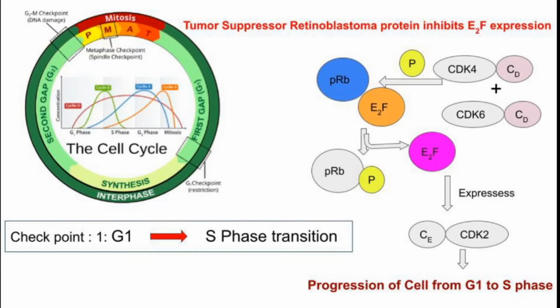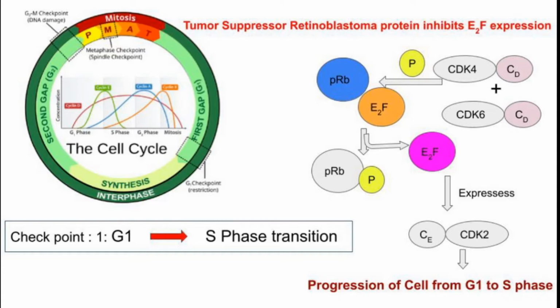When all these conditions are met, the CDK4 and CDK6, which form a complex with cyclin D, result in phosphorylation of retinoblastoma protein.